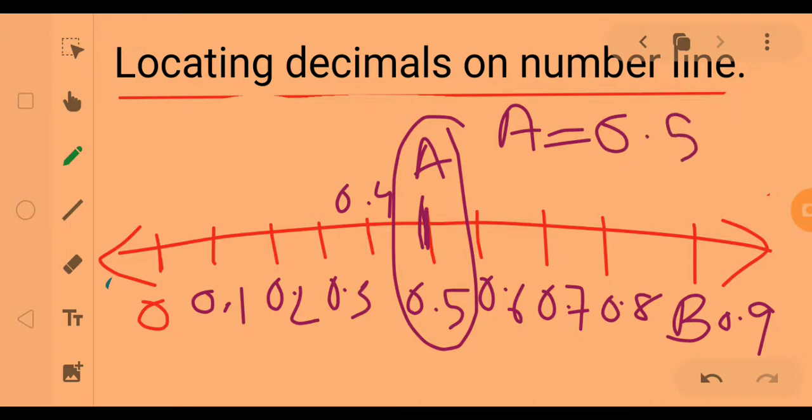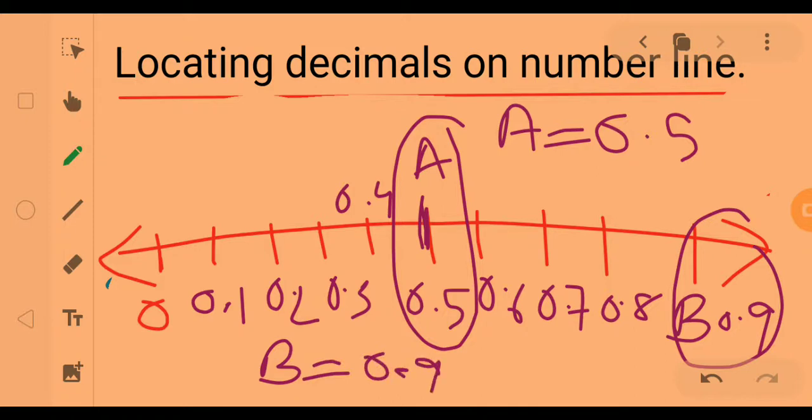Next, one more letter, B. What is the decimal represented by B? B is 0.9, so B is equal to 0.9. If there are more letters, in the same manner you can mark decimals, find the decimal at each letter, and write the value of the alphabet.